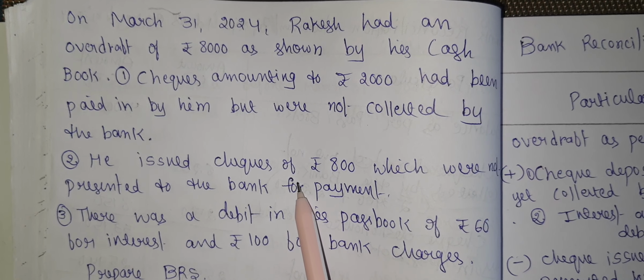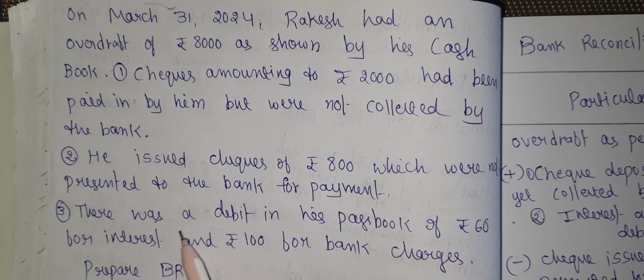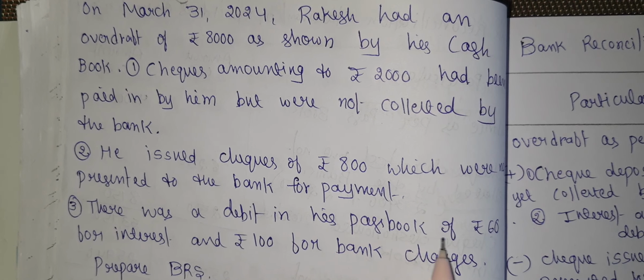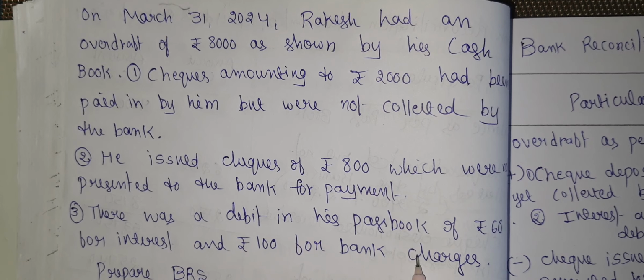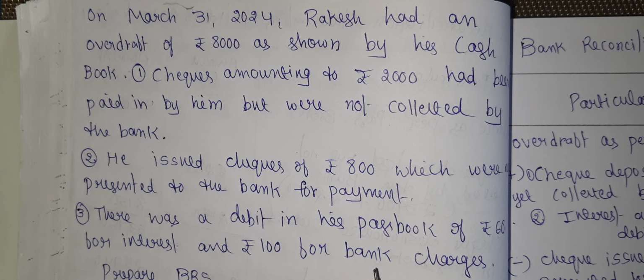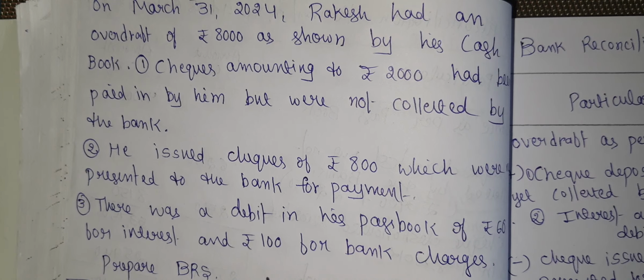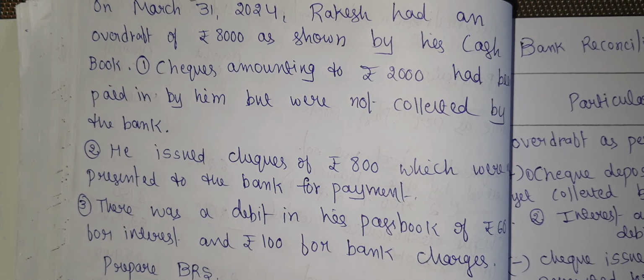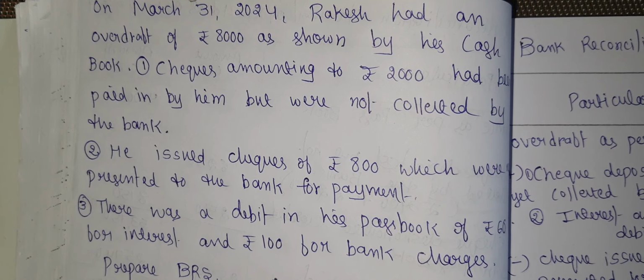He issued the checks but the supplier has not presented them to the bank. Next, there was a debit in his passbook of rupees 60 for interest and rupees 100 for bank charges. Means in the passbook, the bank debited rupees 60 and rupees 100, but Rakesh is not aware of this transaction, so there is no entry in the cash book.